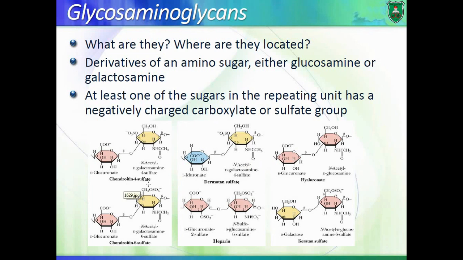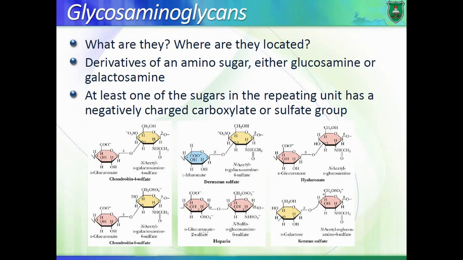So, for example, chondroitin sulfate glycosaminoglycan is made of glucuronate and N-acetyl galactosamine 4-sulfate. Dermatan sulfate is made of iduronate and N-acetyl galactosamine 4-sulfate. Hyaluronate is made of glucuronate and N-acetyl glucosamine. Chondroitin 6-sulfate is the same thing as chondroitin 4-sulfate, but the position of the sulfate group is at carbon number 6 rather than carbon number 4.